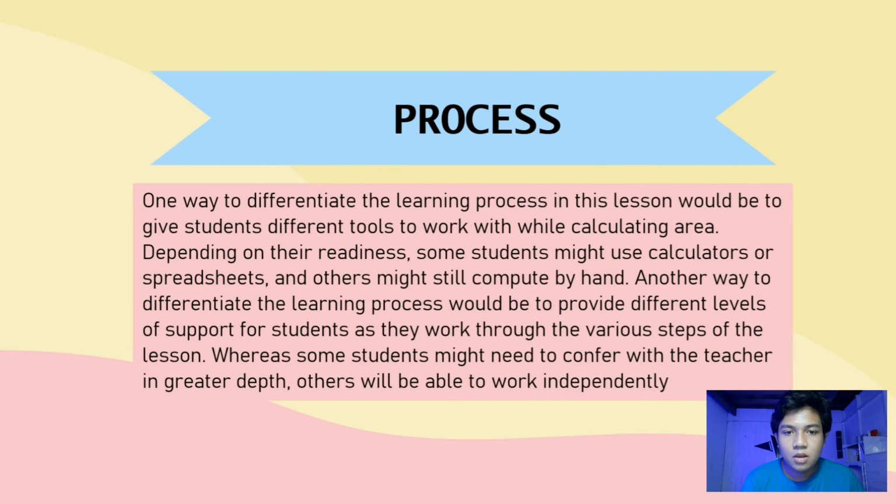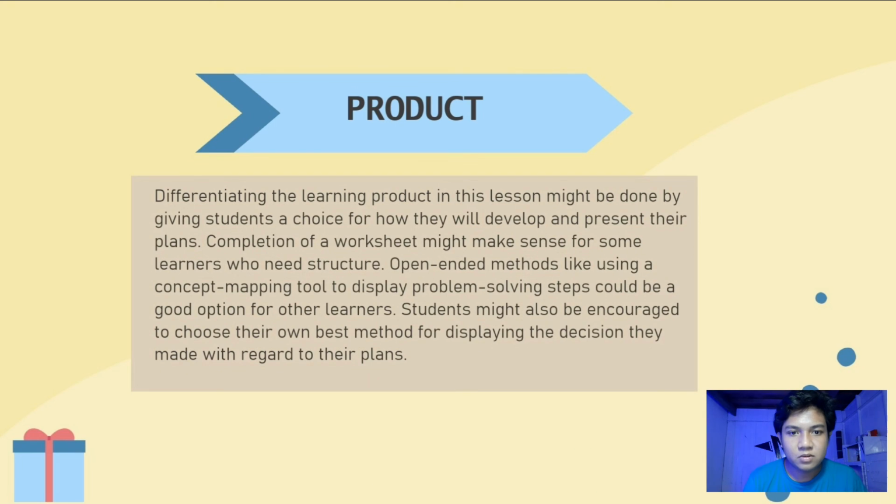Process: one way to differentiate the learning process in this lesson will be to give students different tools to work with while calculating area, depending on their readiness. Some students might use a calculator or spreadsheet, and others might still compute by hand. Product: differentiating the learning product in this lesson might be done by giving students a choice for how they will develop and present their plans.